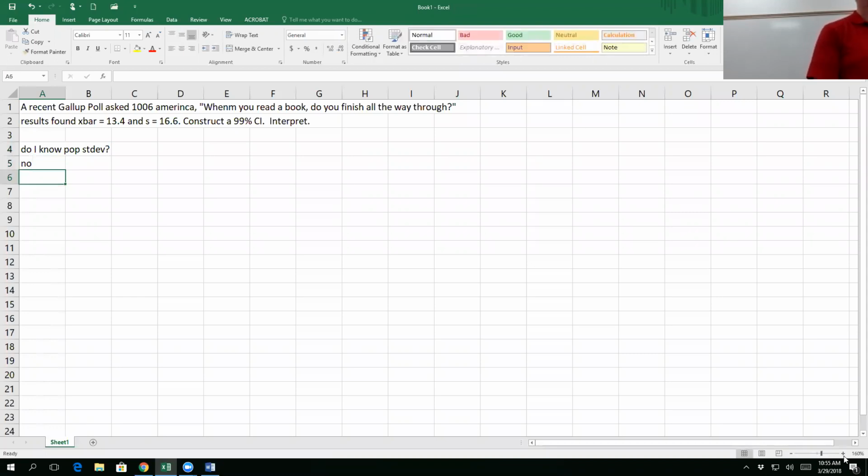No. So therefore use T. The formula for the T is X bar plus or minus T sub alpha over 2 times S divided by the square root of N.